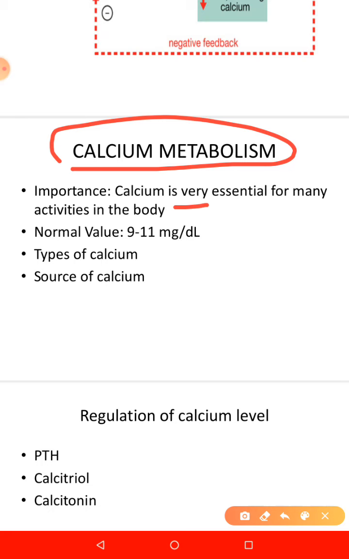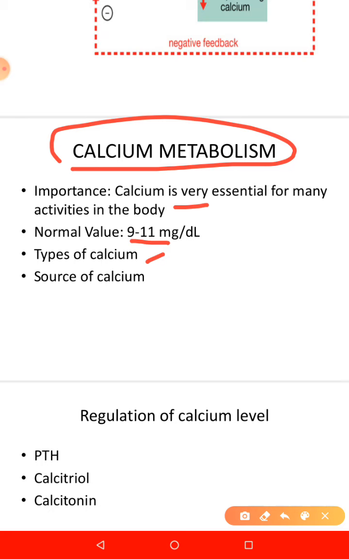And what are these normal values? It's between 9 to 11 milligrams per deciliter. So the types of calcium found: there is calcium in plasma, and there is calcium in the bones.